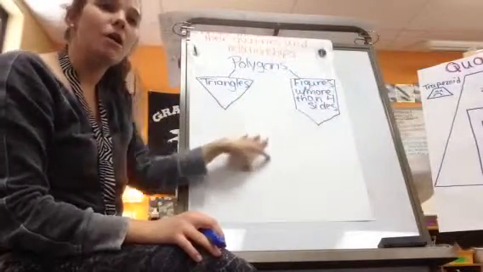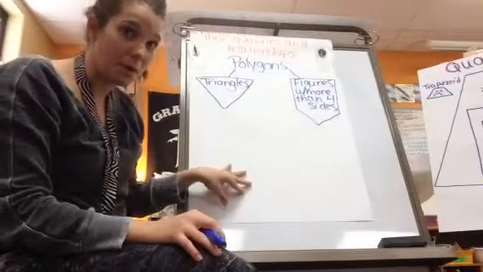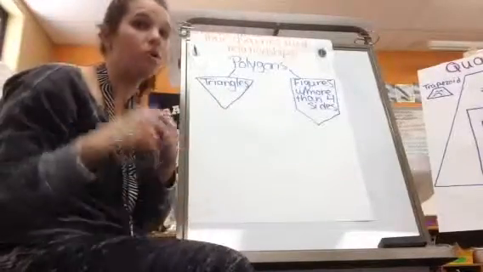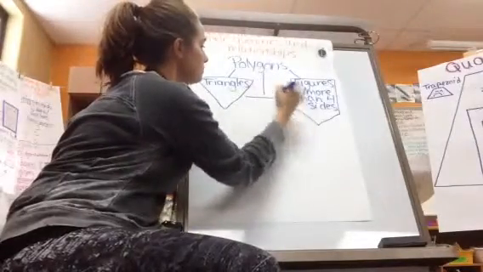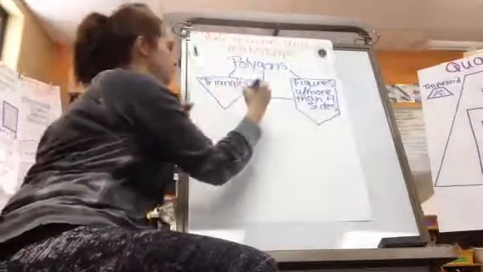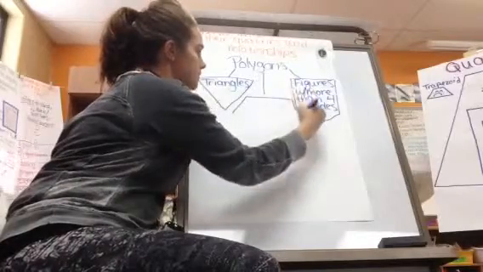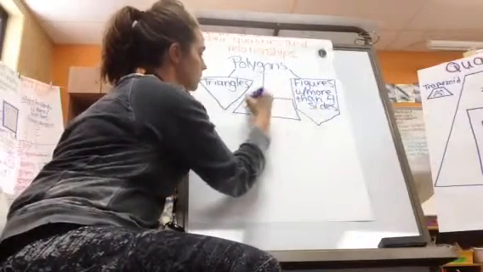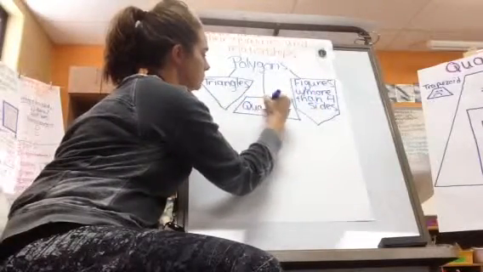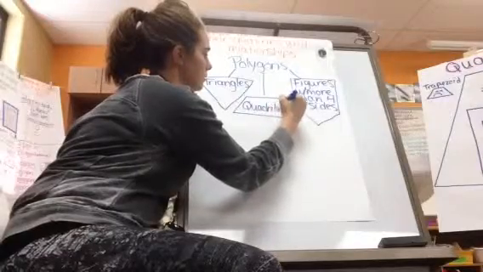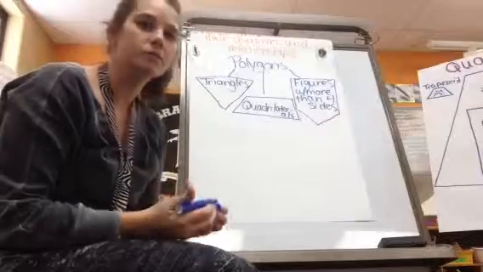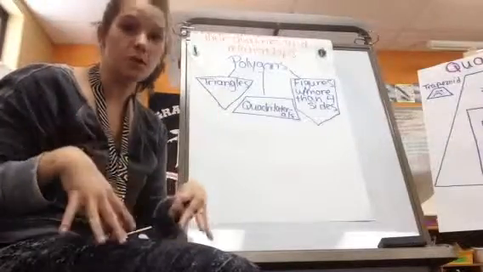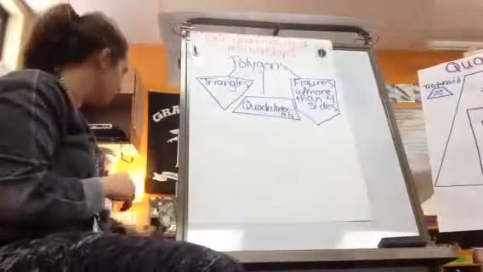But then our main polygons that we're going to talk about have 4 sides. We call those quadrilaterals. Quadrilaterals. Oh, I couldn't fit it all. So now we're going to talk about each of the quadrilaterals that we've been talking about.